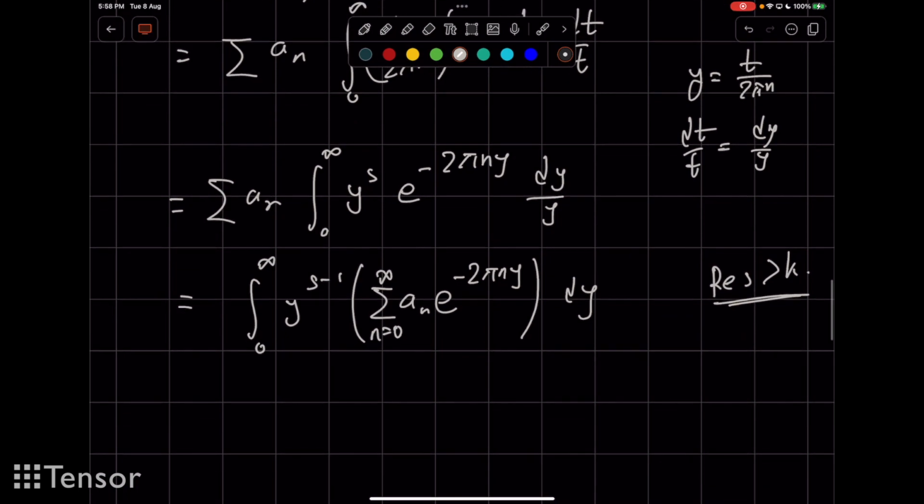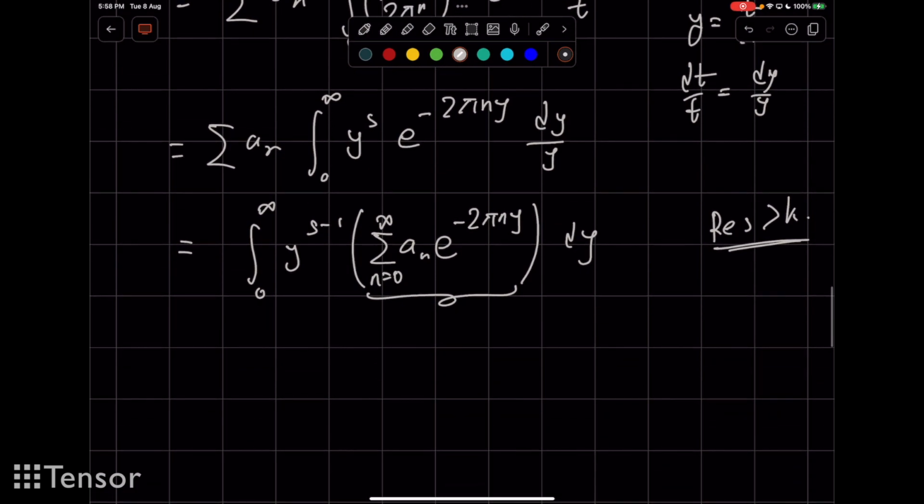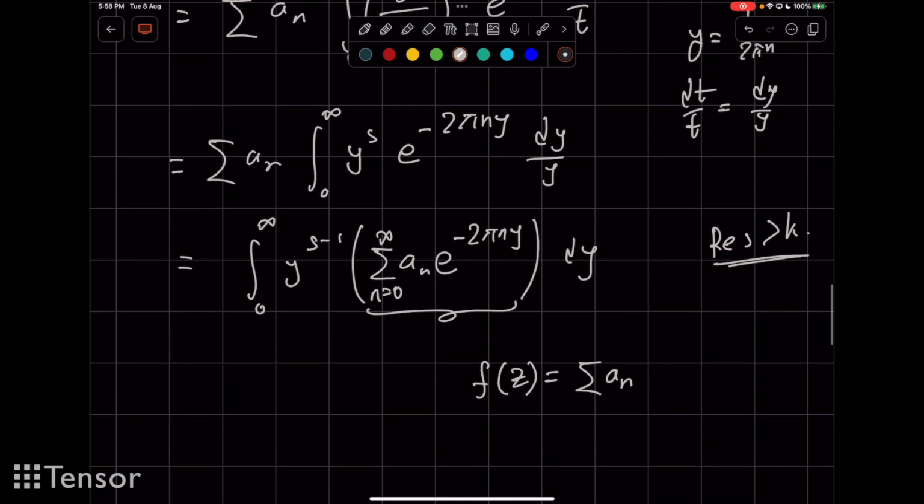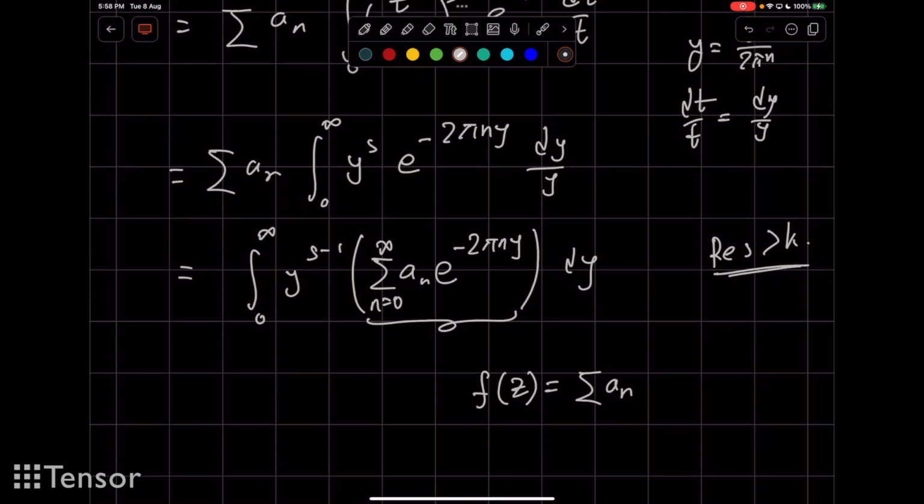Now what is this? Does this look familiar? f of z is the sum of a_n q to the n, and q is e to the 2 pi i z, n equals 0 to infinity.